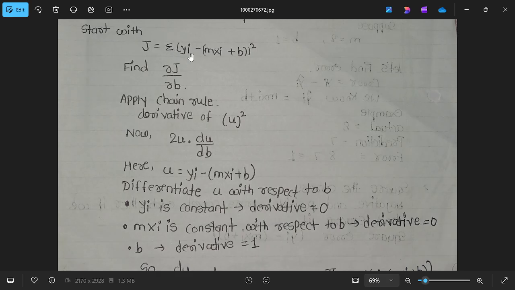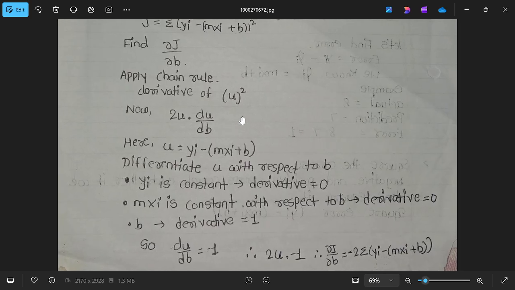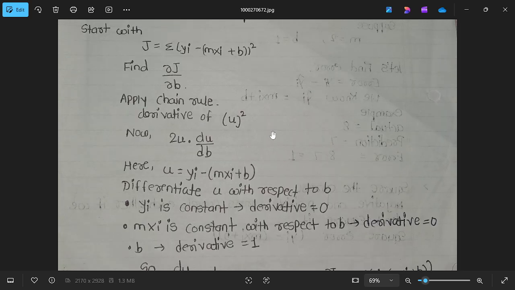What is the inner function here? The inner function is yi minus (mxi plus b), also known as u. And what is the outer function here? x square is the outer function. So when we have an outer function and an inner function, as we know, we have to apply the chain rule here. Okay, so our derivative becomes u square.